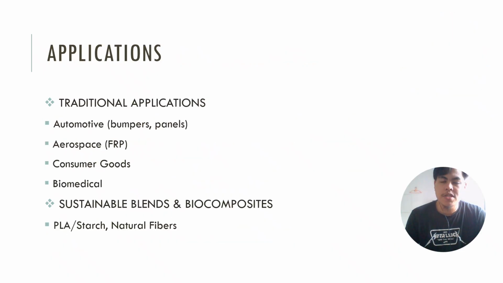This is application for polymer blends and composites. For traditional application, they are in automotive, aerospace, consumer goods, and biomedical. And for sustainable blends and biocomposites, there are PLA, starch, and natural fibers.